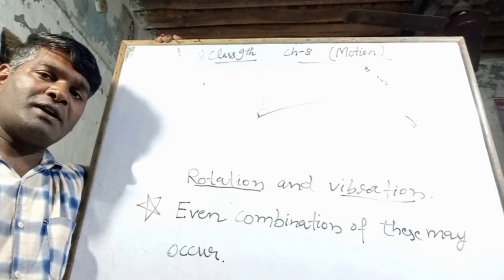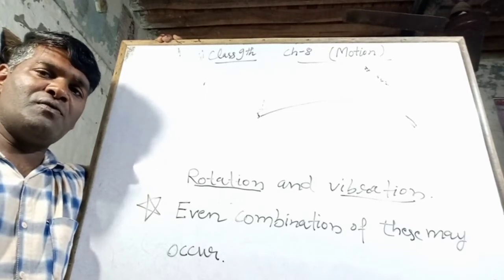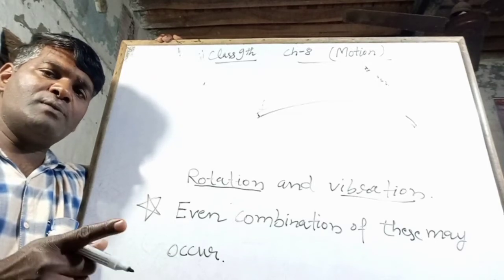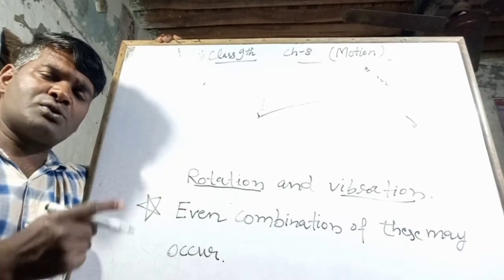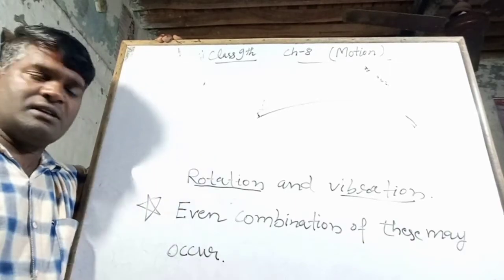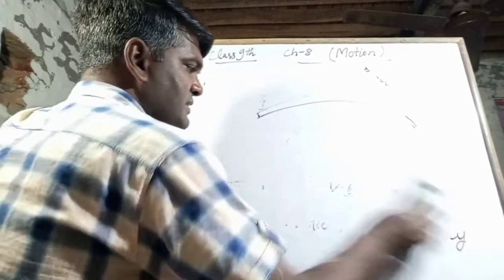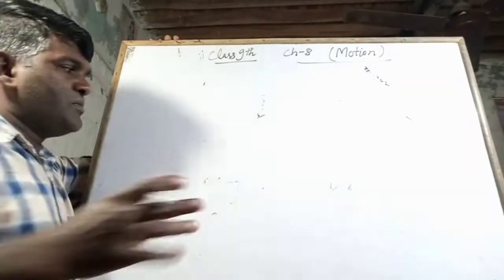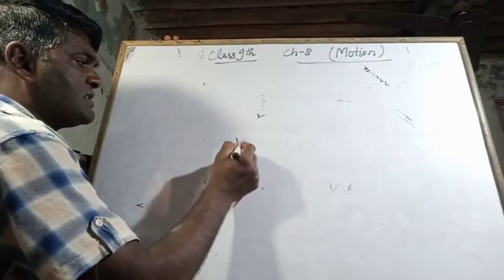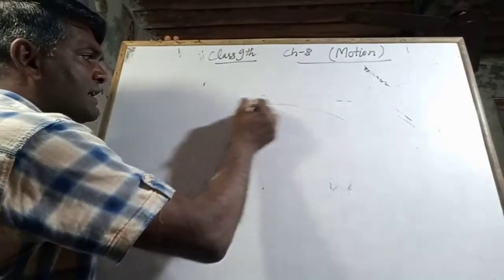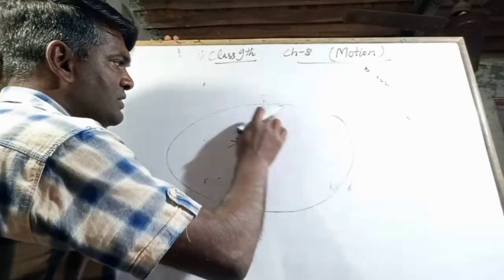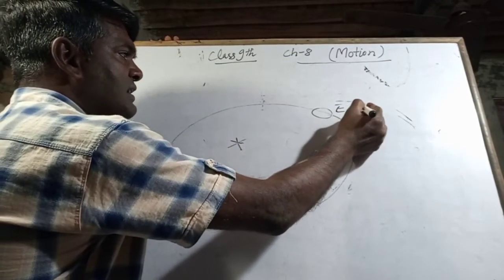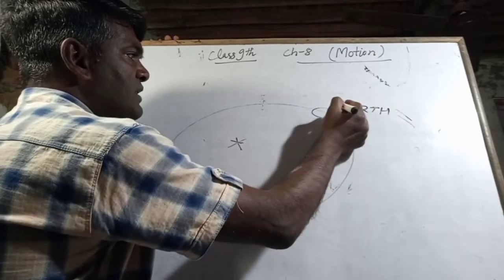What happens in the motion of a planet? Let Earth be revolving around the sun. So the sun is the fixed point over here, because we know the sun is stationary at some point, and in elliptical paths all the other planets are revolving around it.